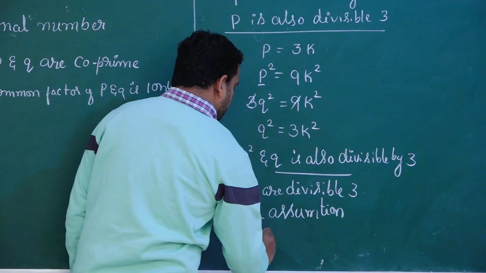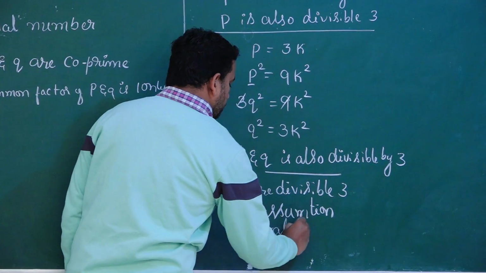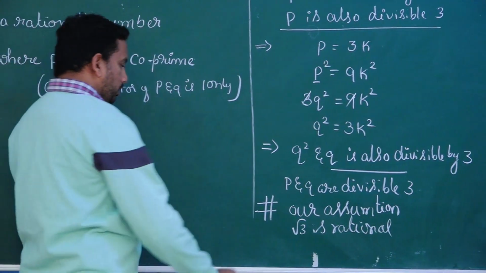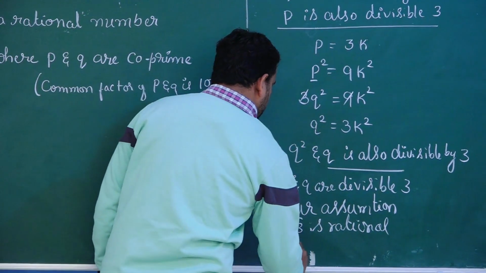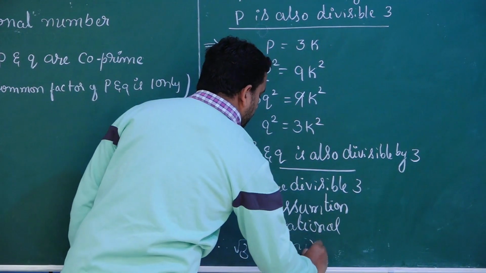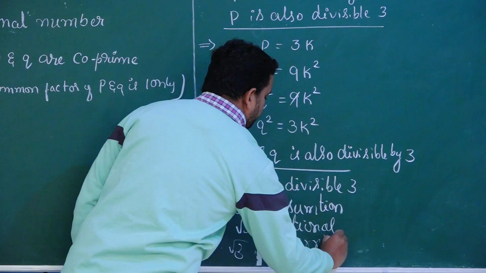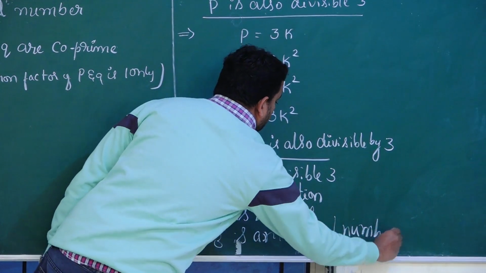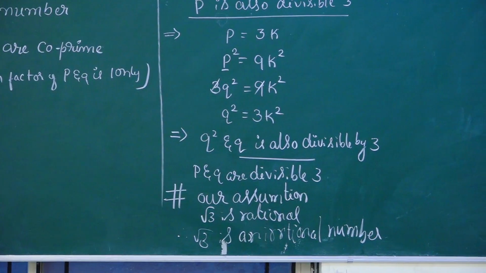Root 3 is rational. So this is a wrong statement. Therefore we conclude that root 3 is an irrational number.